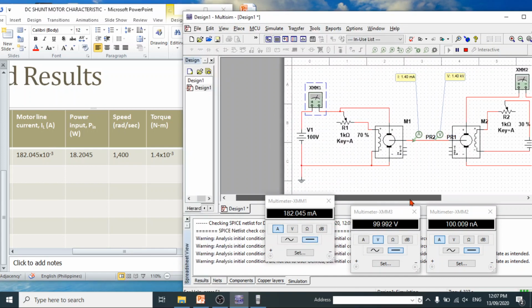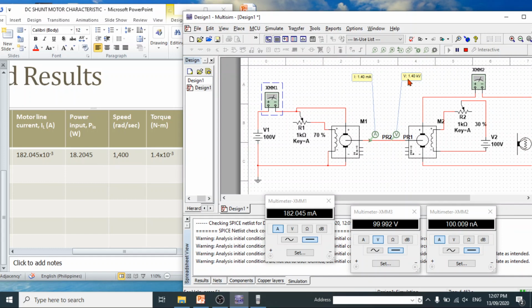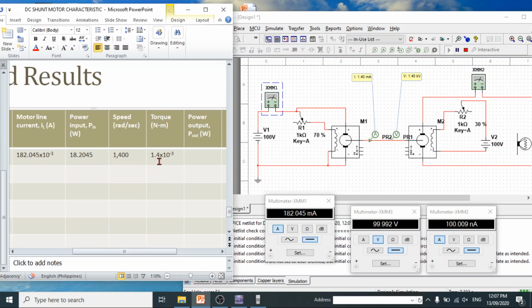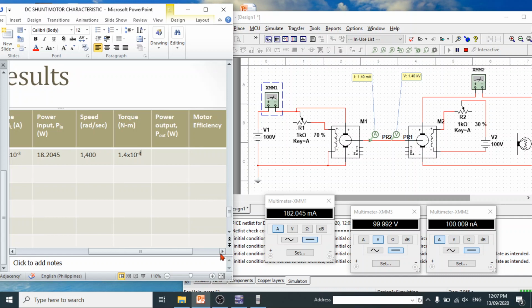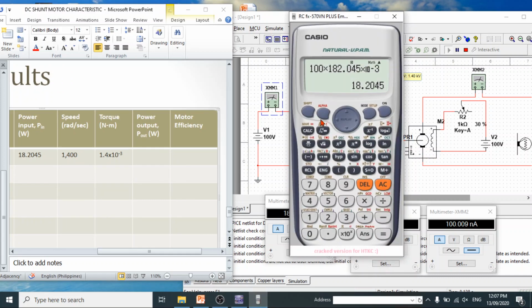The speed of the motor is given at 1.4 kilo radian per second or 1,400. The torque is given to be 1.4 times 10 to the power of negative 3 Newton meter, 1.4 milli. To calculate the output power, the mechanical power, it can be calculated using the formula 2 pi n, the speed in RPM.